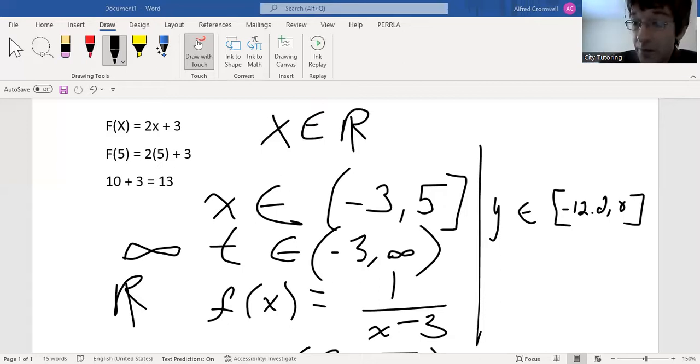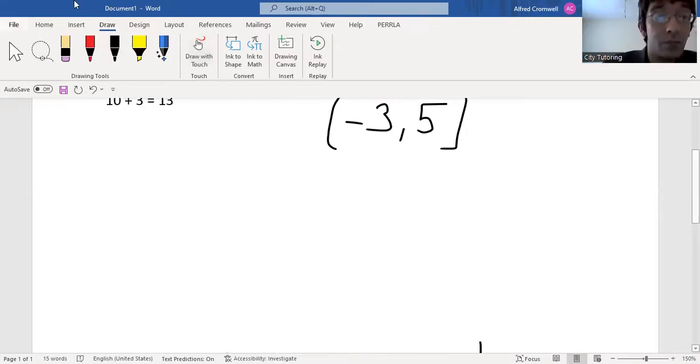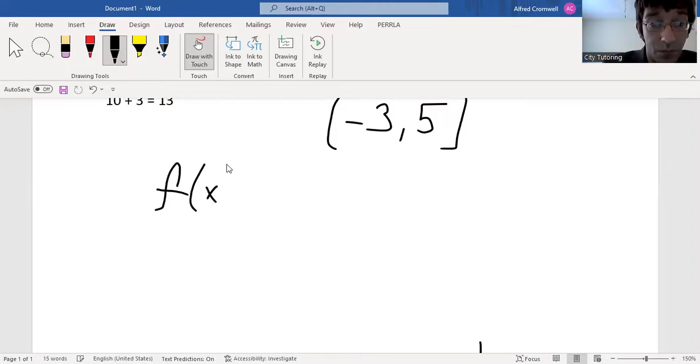So let's do a very basic one. Let's say a function, not equation. Let's say f of x is equal to 2x squared minus 3. We want to evaluate that at f of 2.